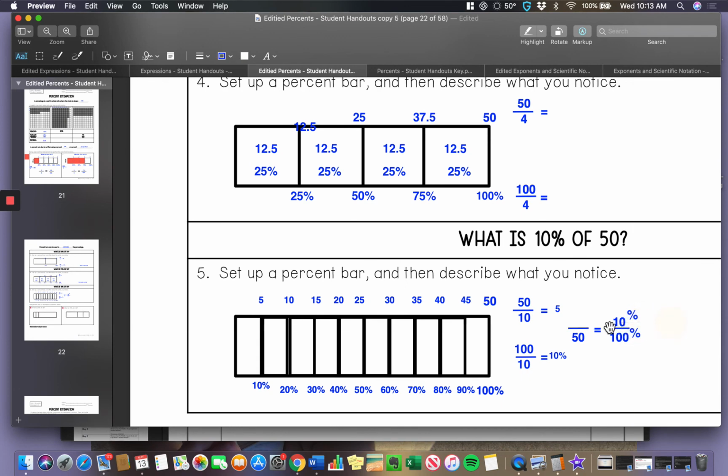All right, I can take my 10%, multiply it by how many pieces there are in this, right? What is it out of? 50? So I can take 10 times 50 divided by 100. So, Alexa, what is 10 times 50 divided by 100? 10 times 50 divided by 100 is 5.